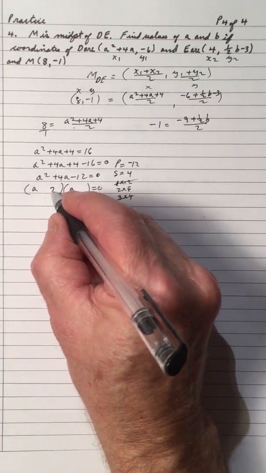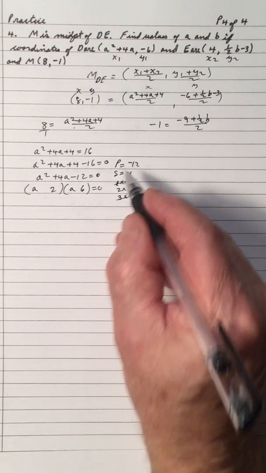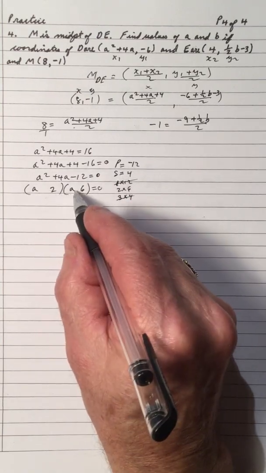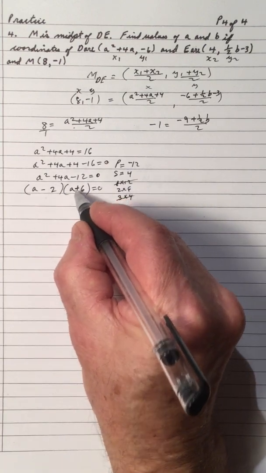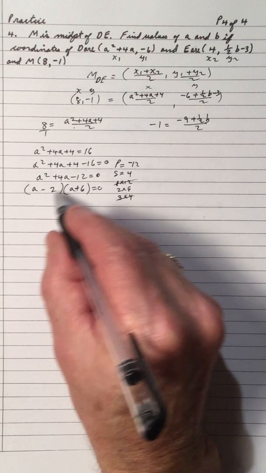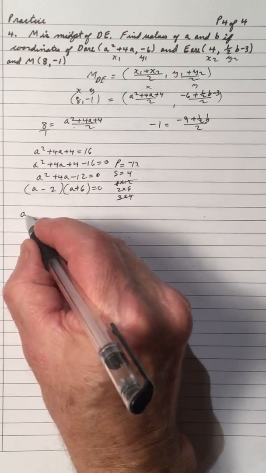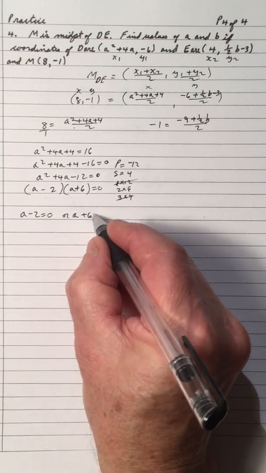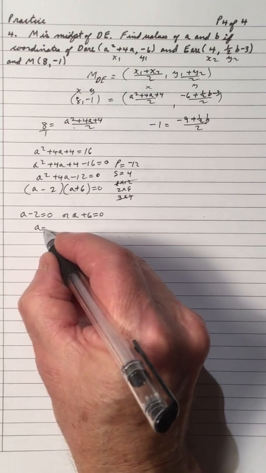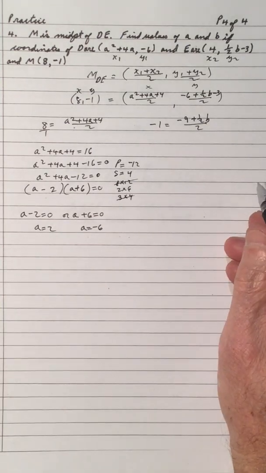So it must be 2 and 6. But the product is negative and the sum is positive, so I must have a positive and a negative number. So it's negative 2 and plus 6. Multiply, negative 12. Add, plus 4. So we have a minus 2 equals 0, or a plus 6 equals 0. So a is 2, a is negative 6.